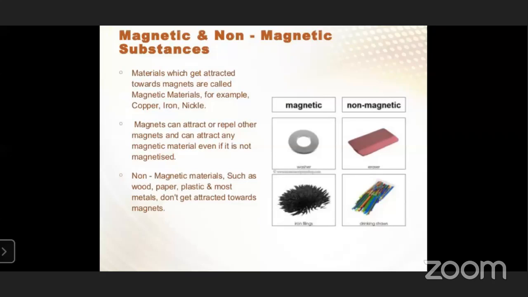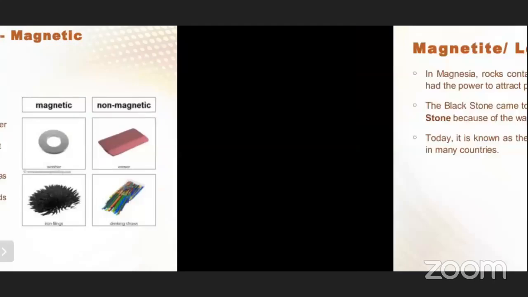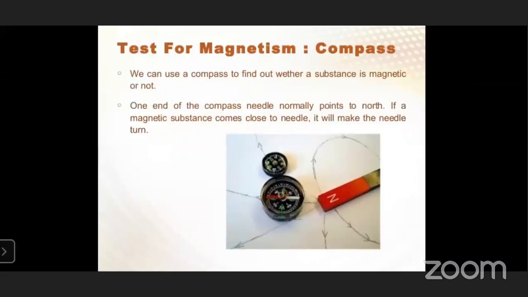That is the homework I have given. If you did not do it, do it again. I will show a clear image of the magnet. Like this, a bar magnet has two poles, north pole and south pole. This is the bar magnet.